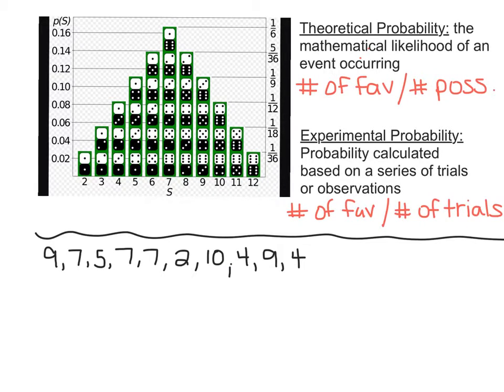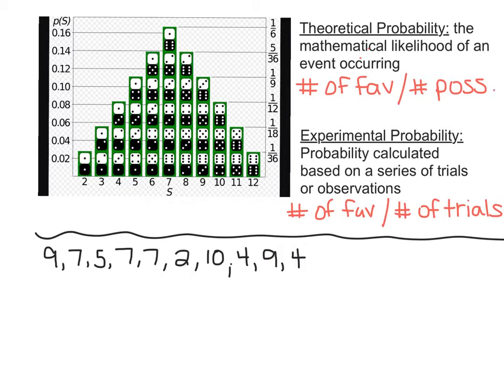I went online and found a 2 dice simulator and simulated the experiment so that all of my probabilities would be represented fairly. So if I rolled 2 dice 10 times and these were my outcomes, then what I can do is calculate each one as a probability out of 10 because I did 10 total trials. Just double checking. 8, 9, 10.